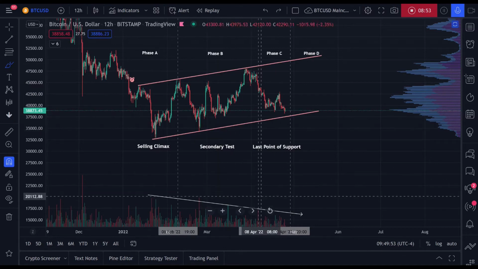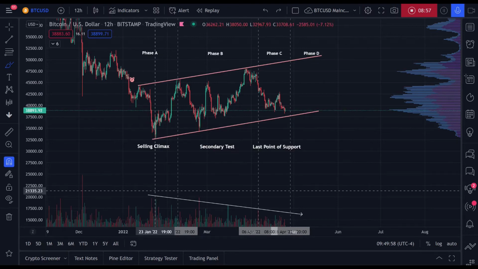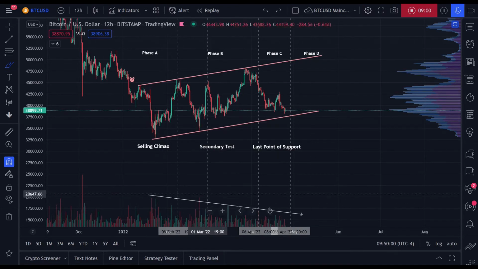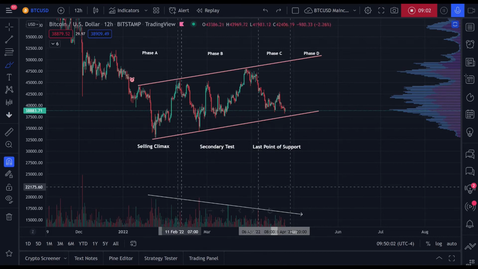And all the while, in a successful Wyckoff accumulation, you should have declining volume because you're decreasing the supply, right? For people who don't understand proper accumulation ranges, they'll say, oh no, this is not ideal. This is not a proper accumulation range because you have declining volume.